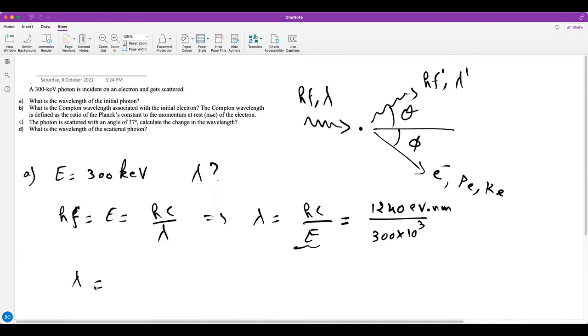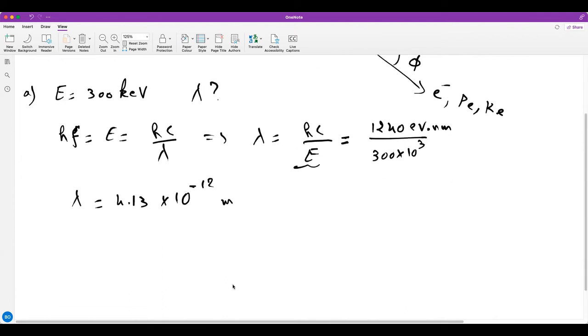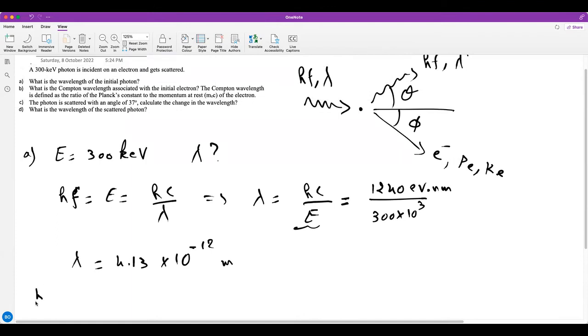This will give you lambda is 4.13 times 10 to the negative 12 meters. Okay, this is the first question.